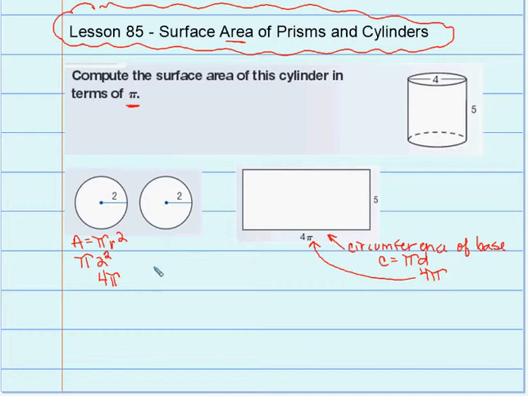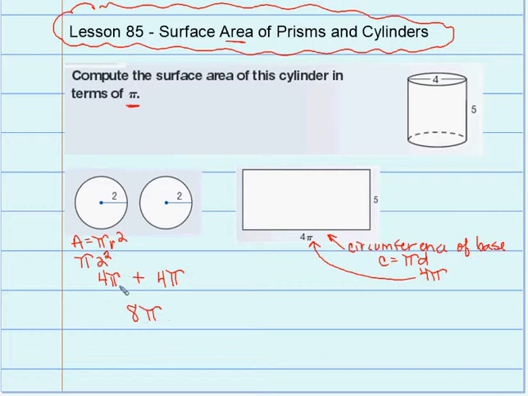But I have two of those. So this one is 4 pi as well. And 4 pi plus 4 pi is 8 pi. We have 4 times this plus 4 times that, so we can combine them and call it 8 pi.